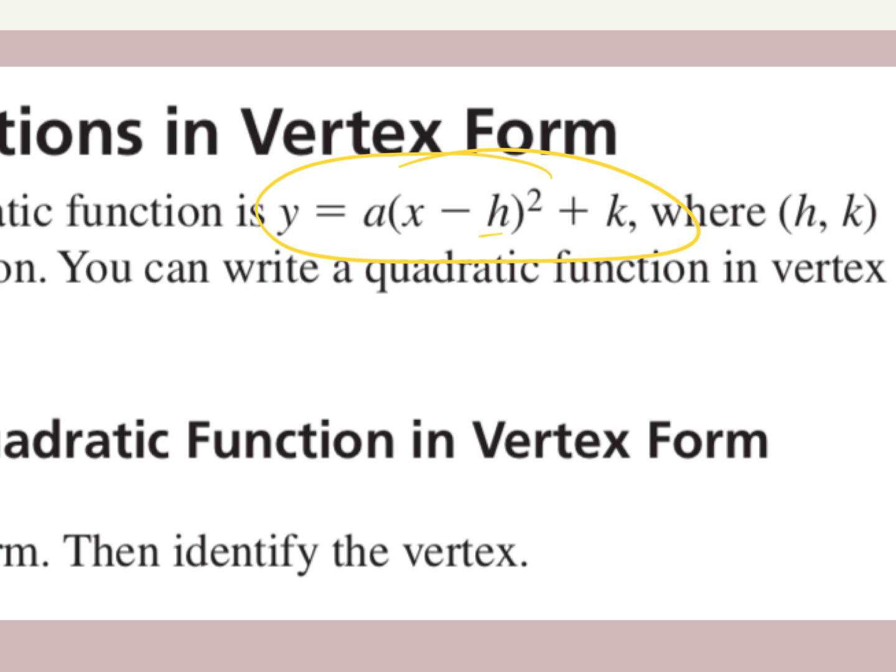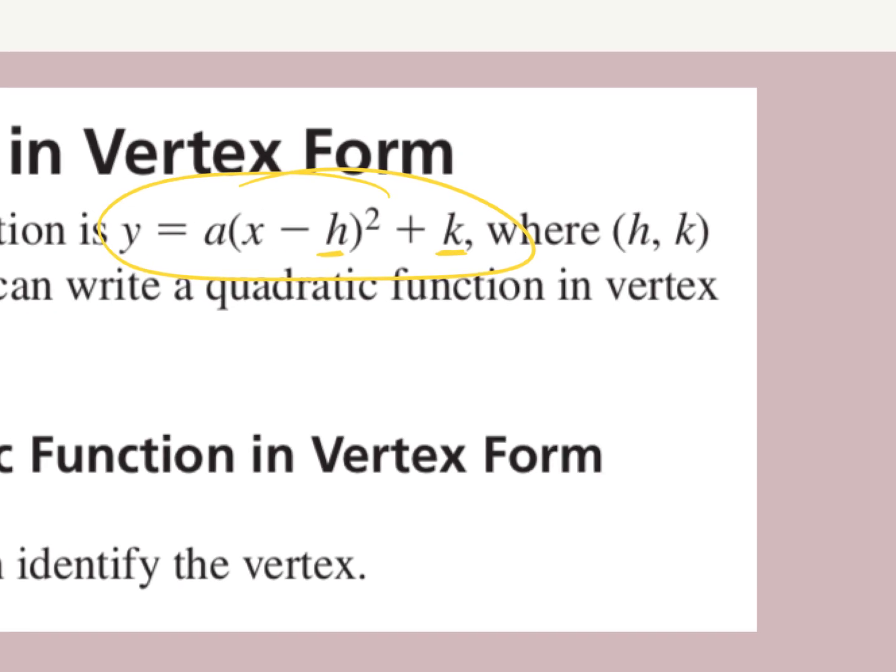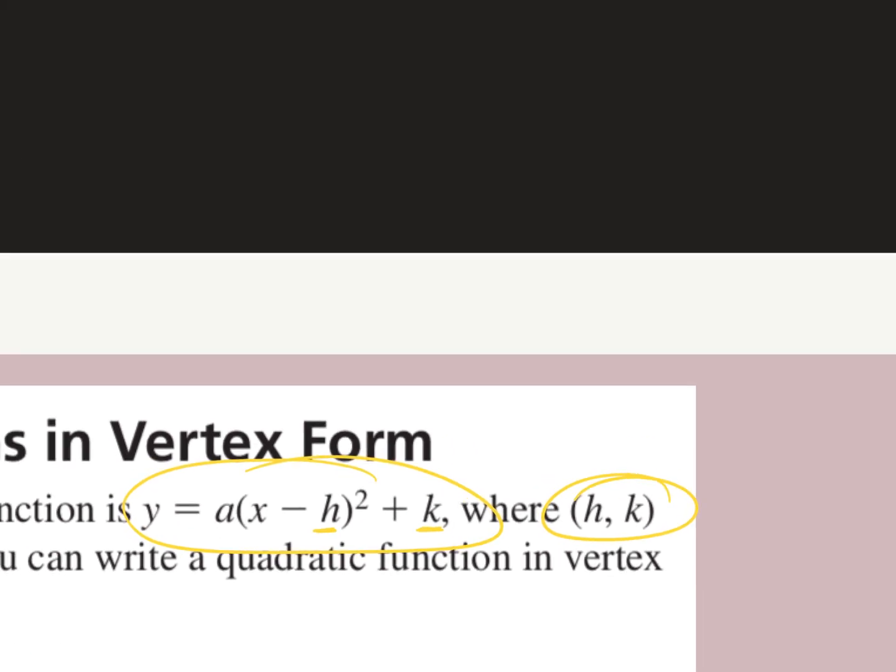The h and k in our vertex form are the h and k in our vertex, which is the point at either the tippy top or the very bottom of the parabola. So this point down here would be our vertex, and that is the point h comma k.